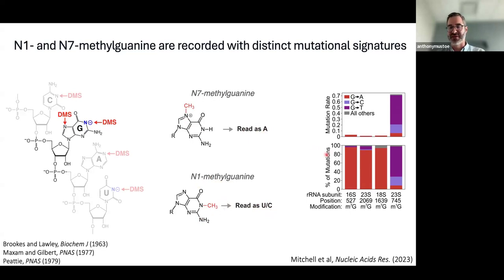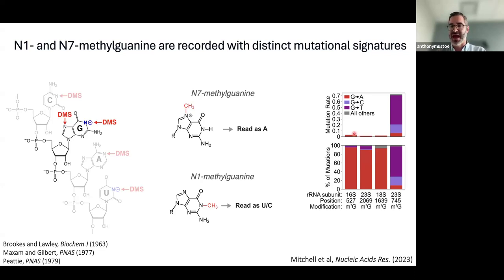To test that, we looked at natural modifications in the ribosomal RNAs. You can see that it is recapitulated quite nicely, where these natural N7 modifications are read out almost exclusively as G to A substitutions. This is not DMS modified; we're just doing the same MaP reverse transcription across these modifications.